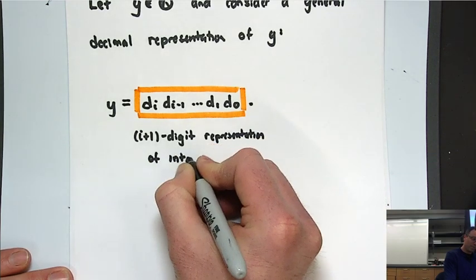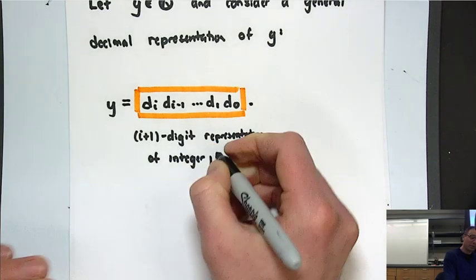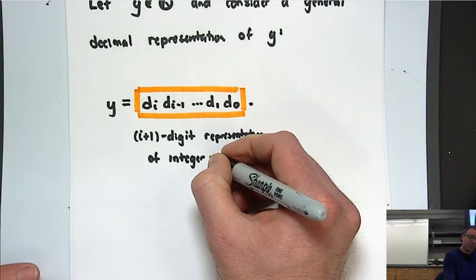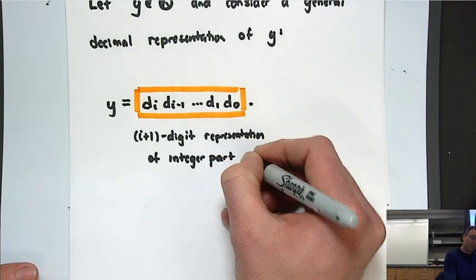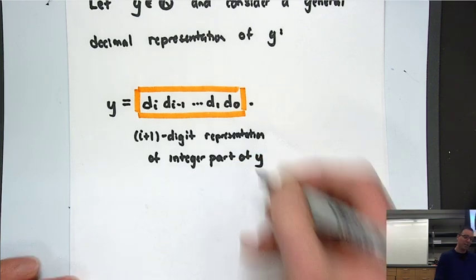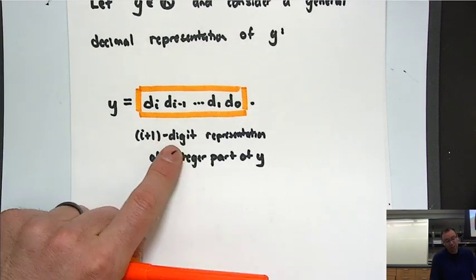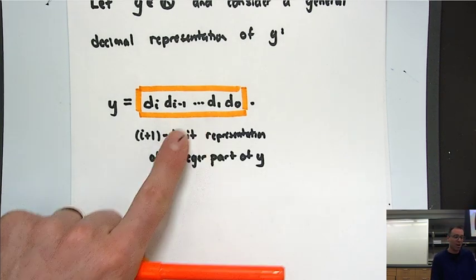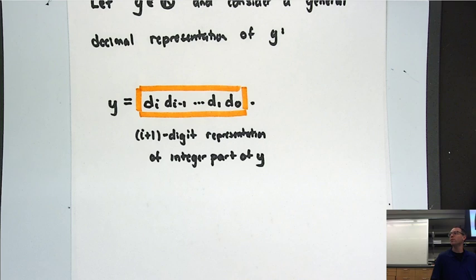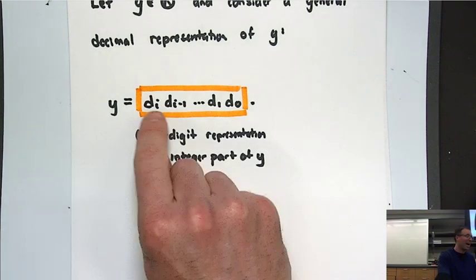Yeah, decimal digit. So we'll call that an I plus 1 digit decimal number. It's a decimal digit because each of them is a decimal digit of the integer part of our number. Okay, so I represents integer.